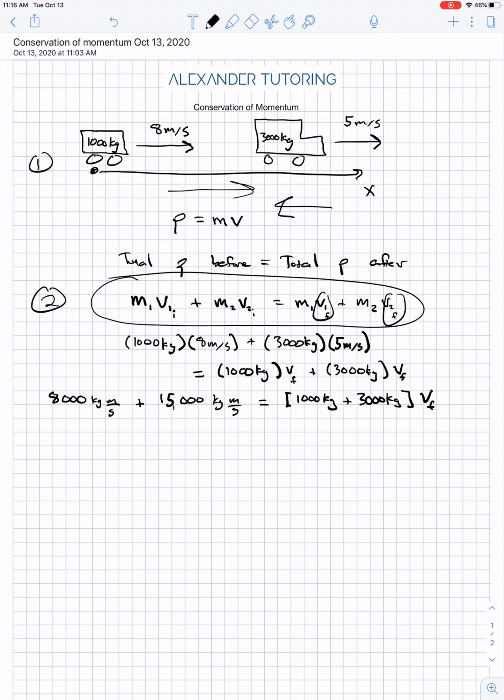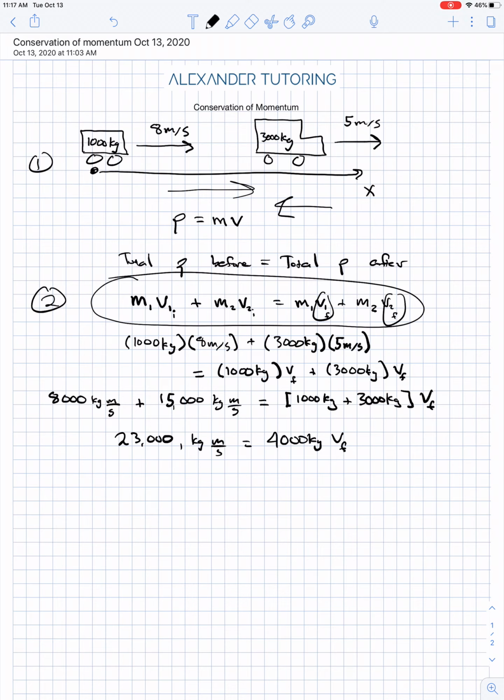Okay, now let's just do some math. Going back to the left-hand side, 8,000 plus 15,000 is 23,000 kilogram meters per second equals 4,000 kilograms times V final. Now you'll notice that we can solve for V final.